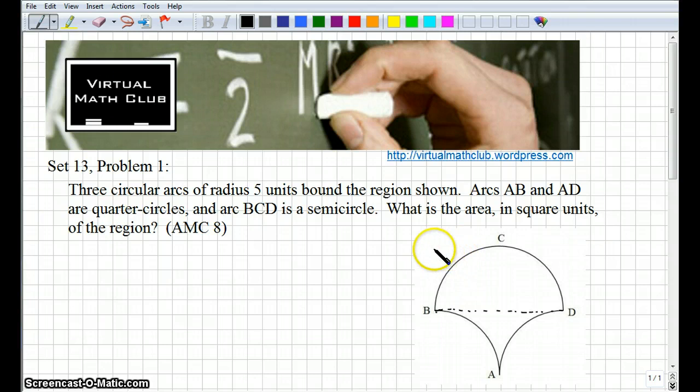So what I mean by that is, if you were to draw a square around this thing, sometimes that can help you see what you're dealing with. And sometimes you can calculate the space outside of the shape easier than you can inside. And sometimes you have to do a combination of the two.